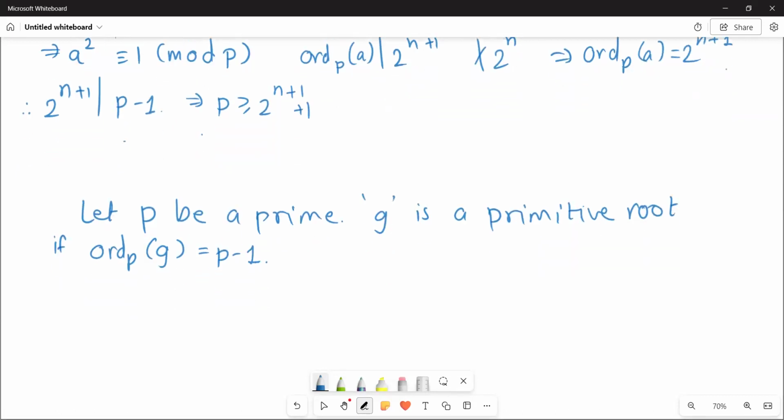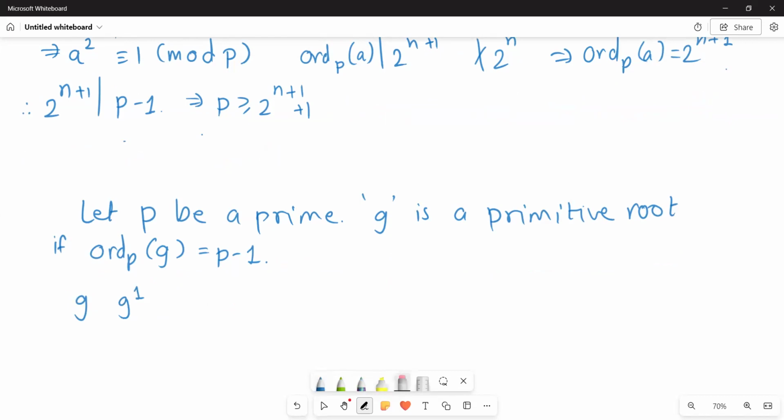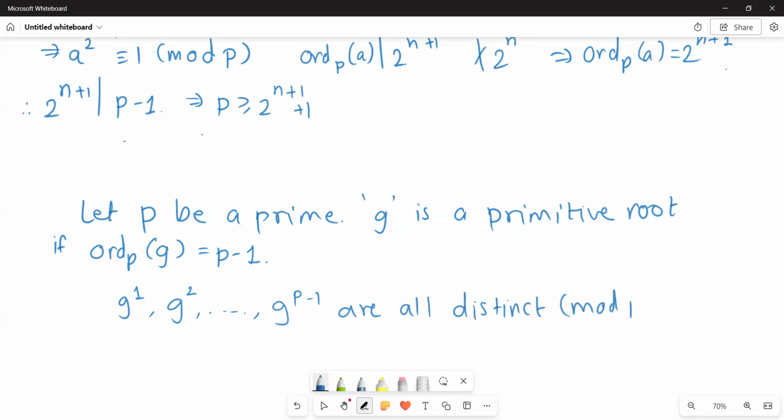So this essentially means that G to the power 0, G to the power 1, and so on are all distinct. Right? So this is the definition of primitive root.